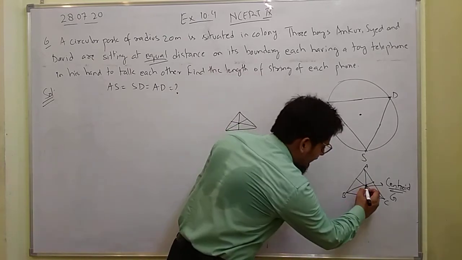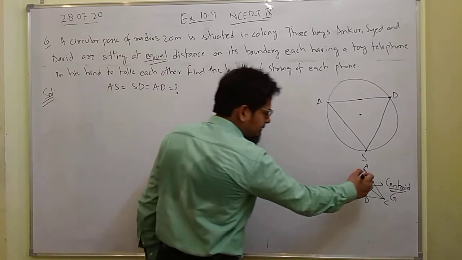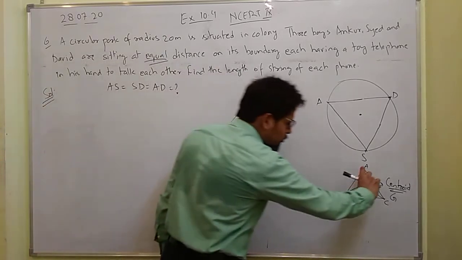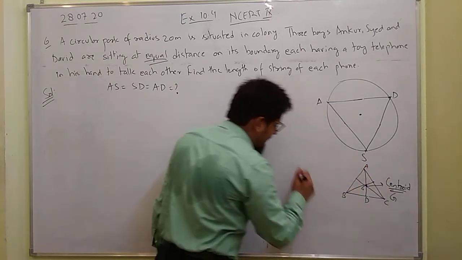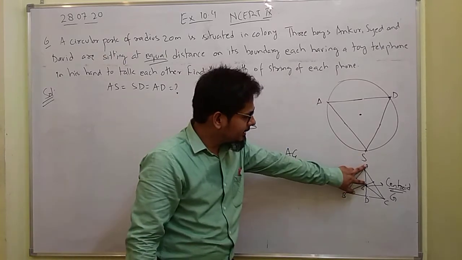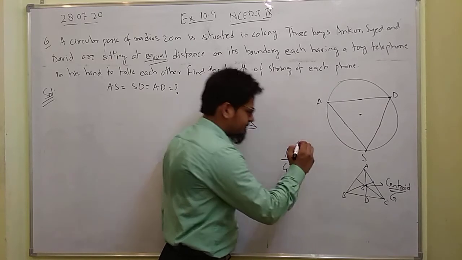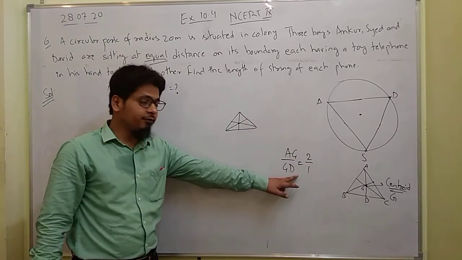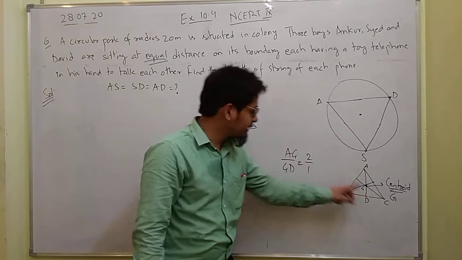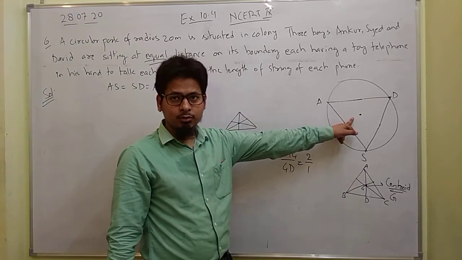It is already proved, and it is one property, that if you find the ratio of AG and GD, it will always be 2:1 in any triangle. We have to learn this for this question, because we will use both things that I am explaining here in this question.